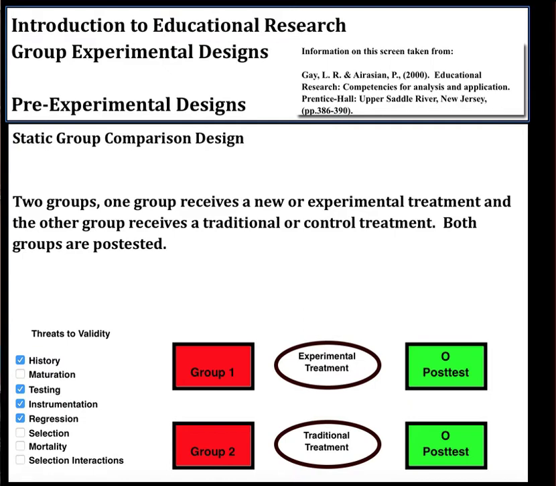It's common to refer to the one group as the experimental group and the other as the control group. However, it's probably more accurate to refer to both groups as comparison groups, since we are comparing the groups to each other. The purpose of the control group is to indicate what the performance of the experimental group would have been if it had not received the experimental treatment.